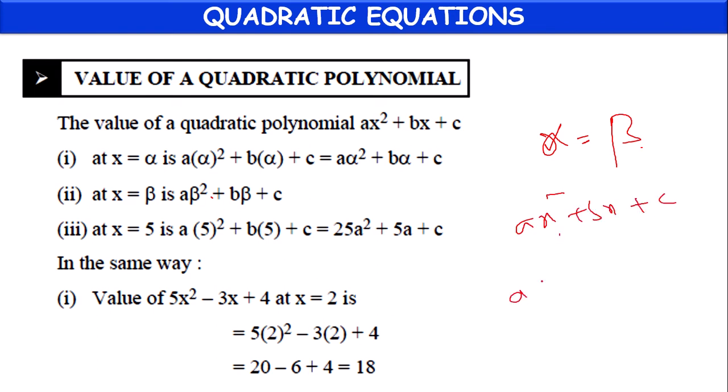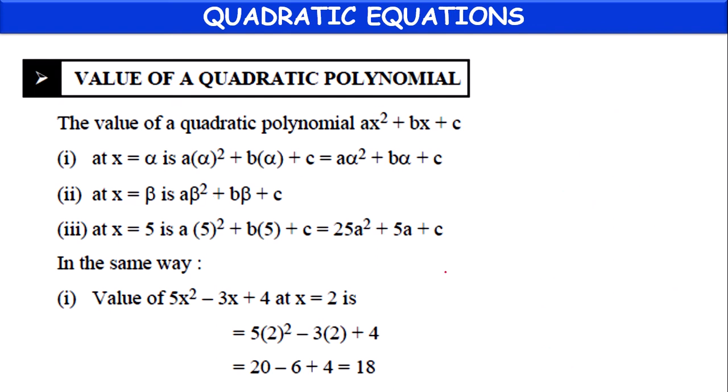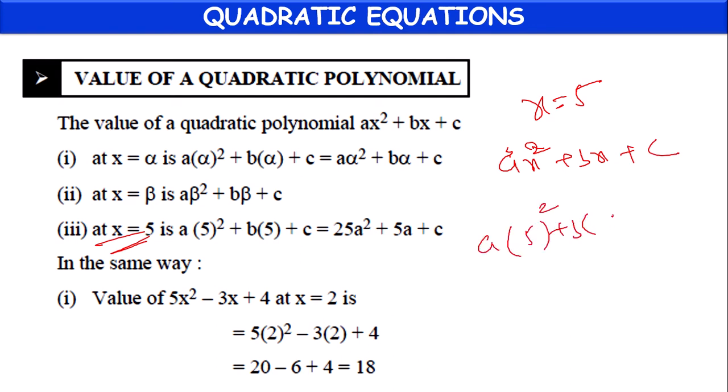Just keep beta in the place of x: a beta square plus b beta plus c is the value of the quadratic polynomial. Suppose x equal to 5, then a into 5 square, b into 5 plus c: 25a plus 5b plus c. Like that also we can find.